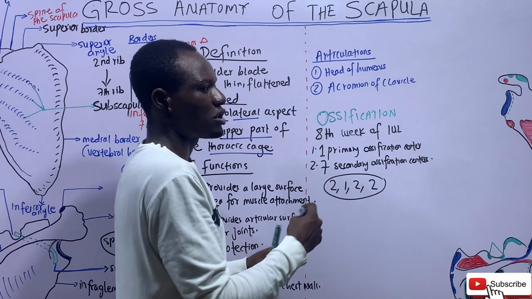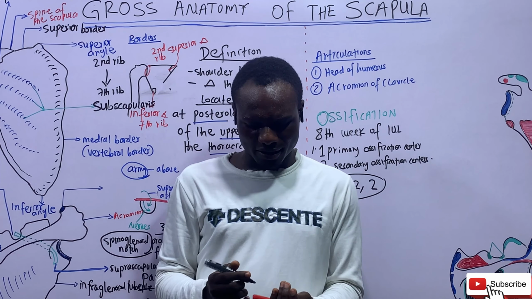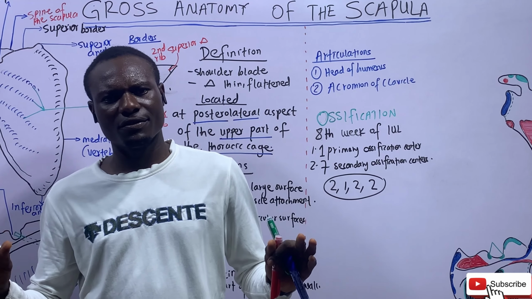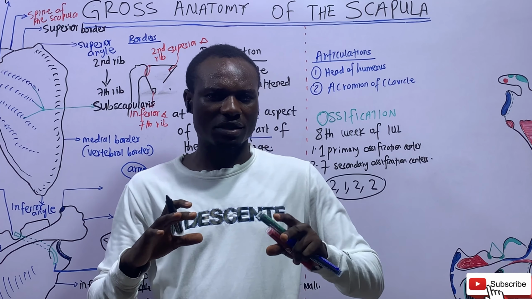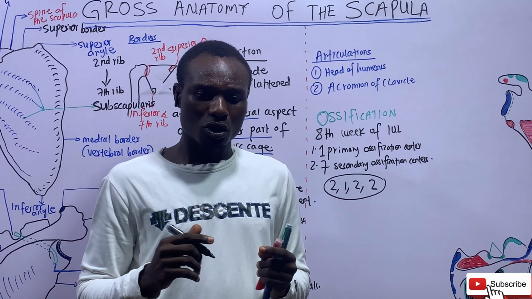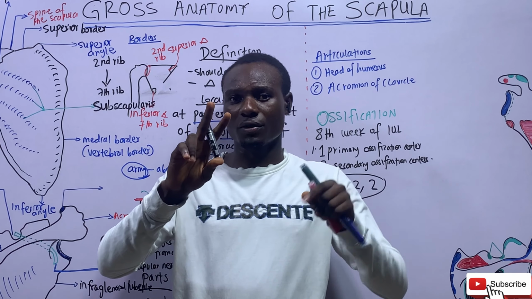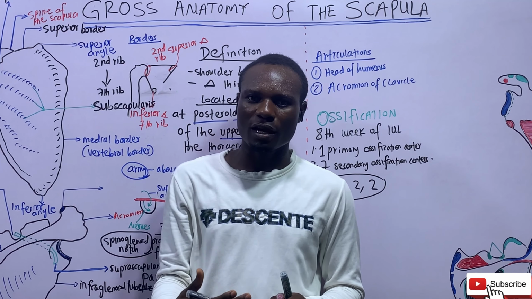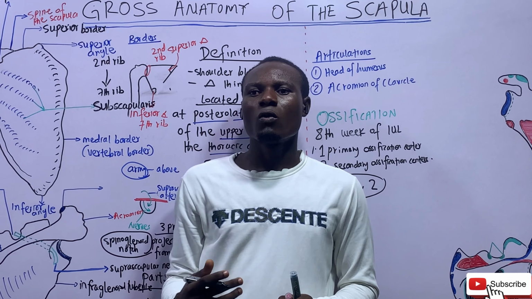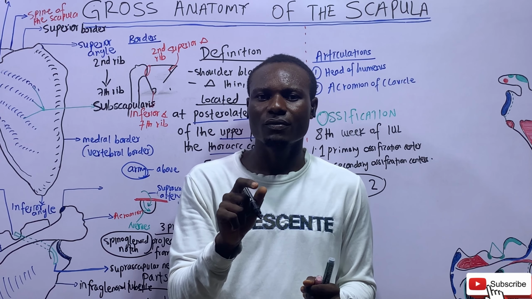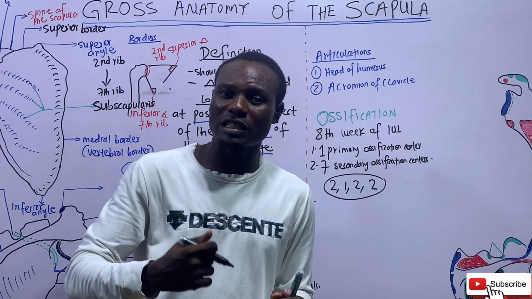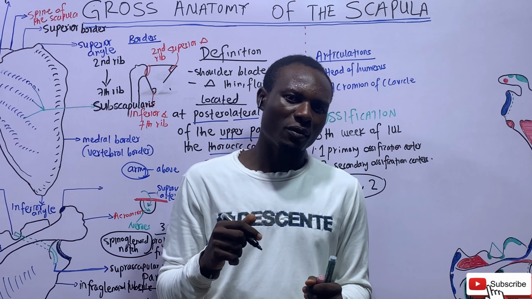Alright. So next is the muscle attachment. The scapula has an extensive surface area. So several muscles are going to be attaching on the scapula. And let's look at those muscles. So in order to understand these muscles, take note of these two things. Take note of the surfaces of the scapula and the borders of the scapula. When we talk about the surfaces, the dorsal surface is marked by the presence of the spine, and the costal surface is marked by the presence of the subscapular fossa.